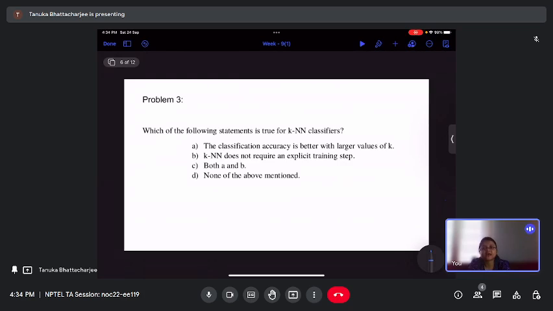So, let us say you have 1-NN, which is K equal to 1. You are just taking the closest neighbor from the training set and classifying your unknown feature vector to the class to which that closest neighbor belongs. In that case, that closest neighbor might be an outlier.